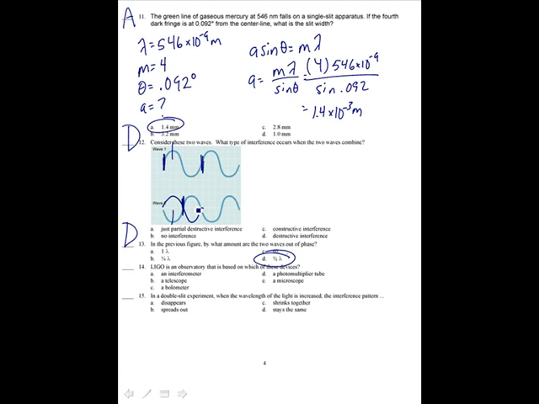LIGO as an observatory is based on which of these devices? It's essentially a great big Michelson interferometer, so the answer is A. In fact, LIGO stands for the Laser Interferometer Gravitational-Wave Observatory. Double slit experiment, when the wavelength of the light is increased, what happens to the interference? Well, for double slit, d sine theta equals m lambda. So if lambda goes up, theta also goes up, so that means that it spreads out.